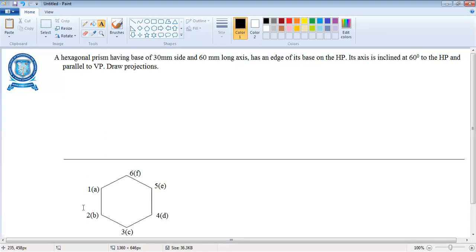This is the top face of the hexagon, and the bottom face A, B, C, D, E, F is invisible, so we put it in brackets. Then we are going to draw the front view of the hexagon. For that, we project those points like this.